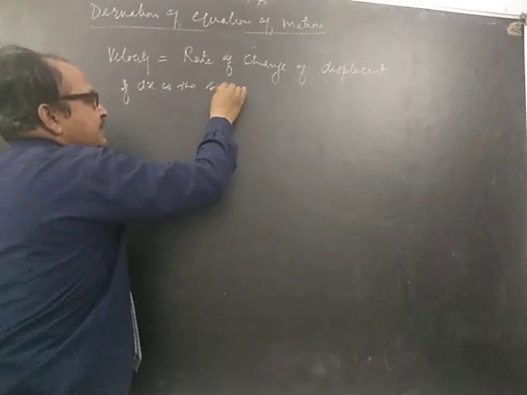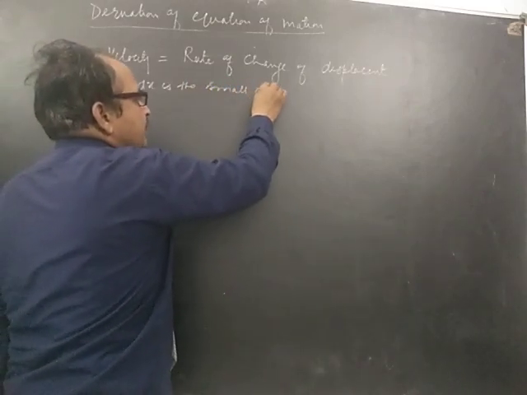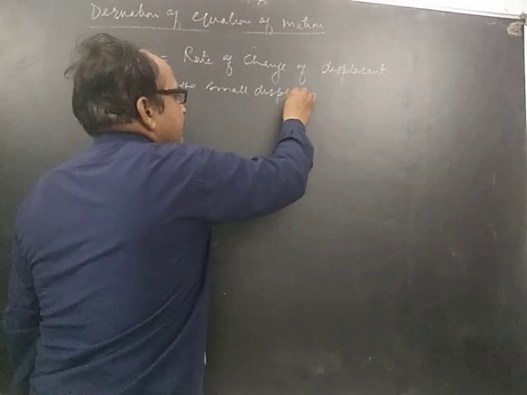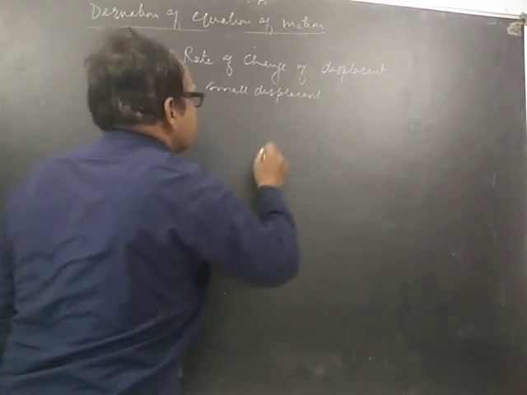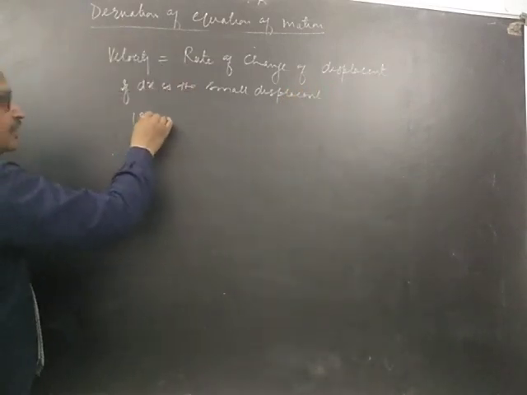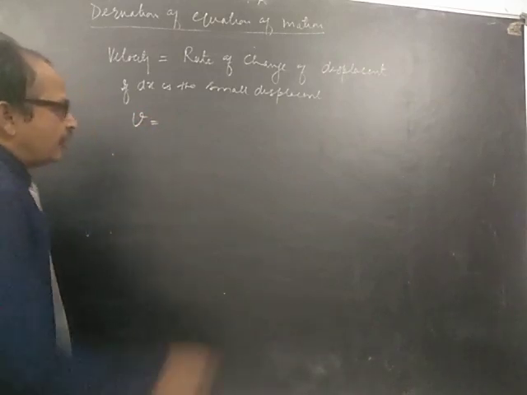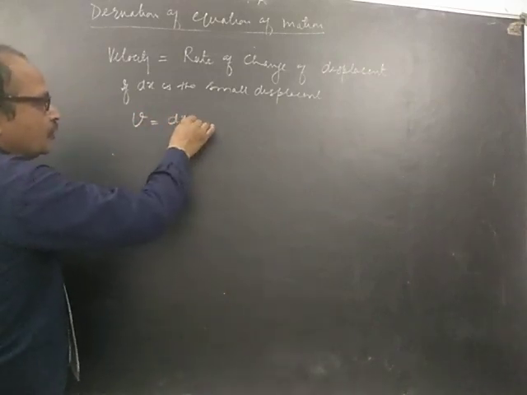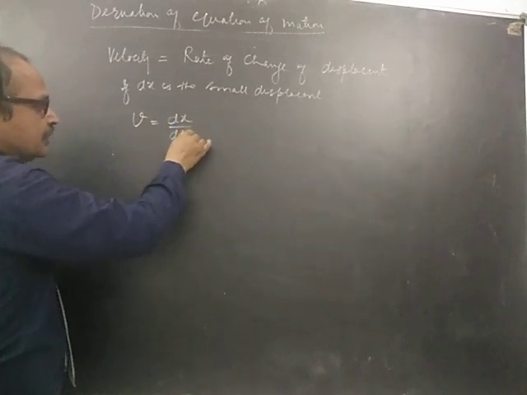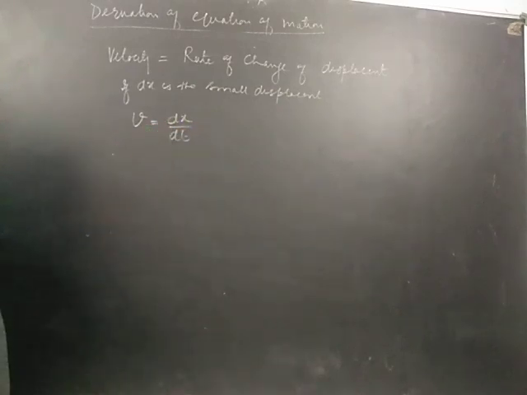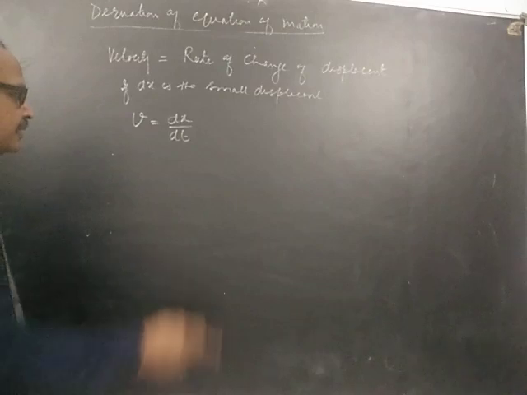If dx is the small displacement, then V is equal to the rate of change of displacement, that means dx by dt.